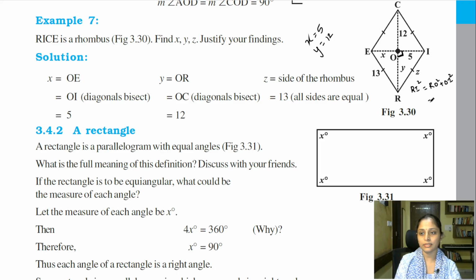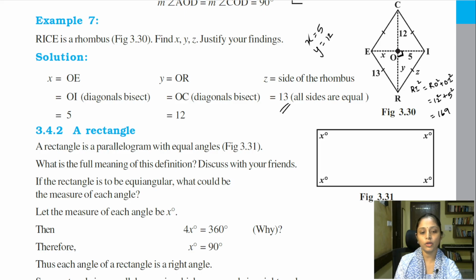Therefore, this is equal to 12 square plus 5 square, which is nothing but 144 plus 25, which is 169. That means I'm going to get RI as 13 centimeters. They didn't give the units. So, this is about the solved example.